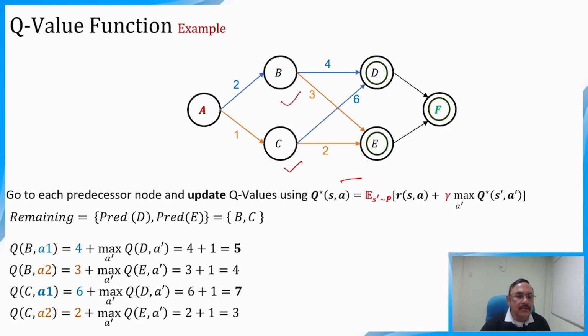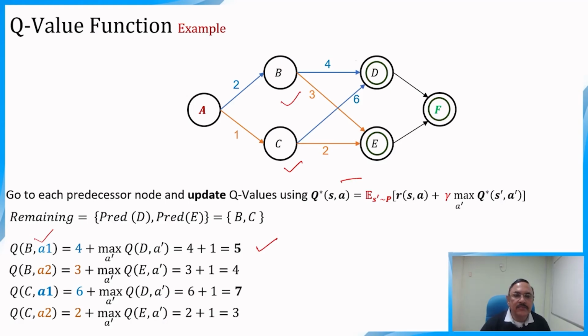For the q value of B, if it takes the action A 1, that is 4 plus this q value, and if it takes the action A 2, that is 3 plus 1. So, 5 and 3. Similarly for q of C. You can see that this one has the higher value.